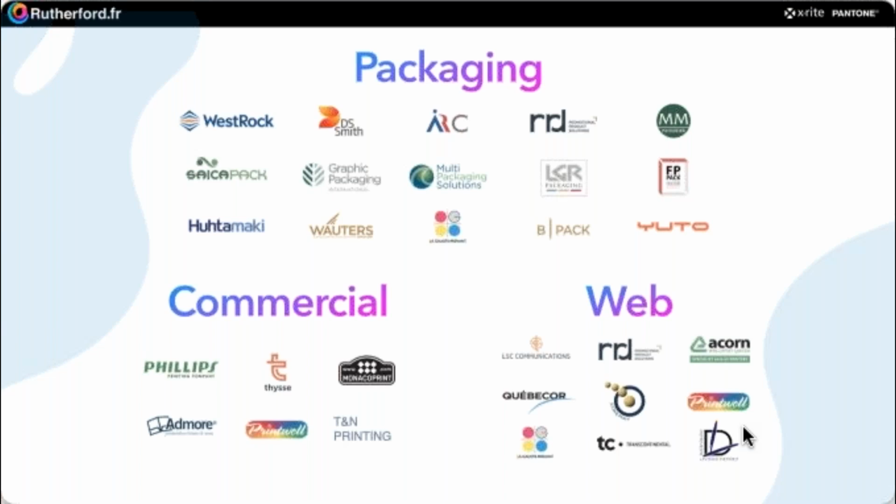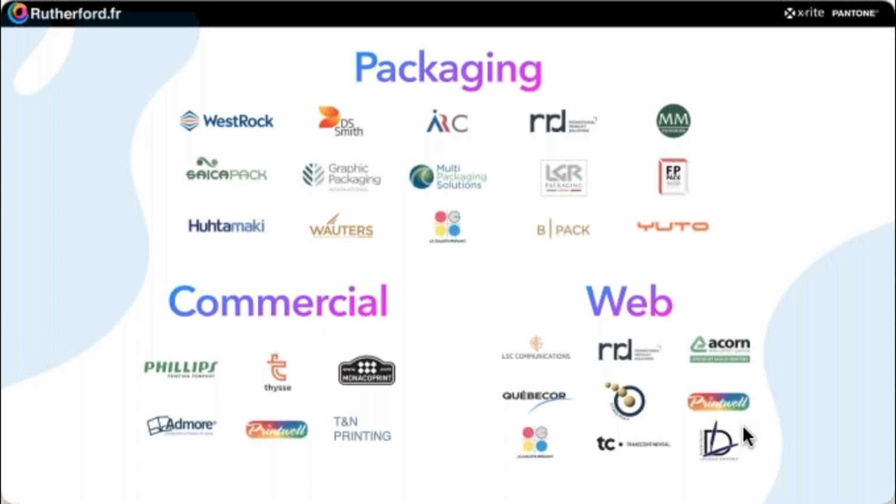So we've worked together with X-Rite, Pantone, and Rutherford and these companies to achieve better quality and better return on investment. You can see it's from global companies, worldwide companies, and also family-owned companies. So whatever the size of the company, you've got a solution.